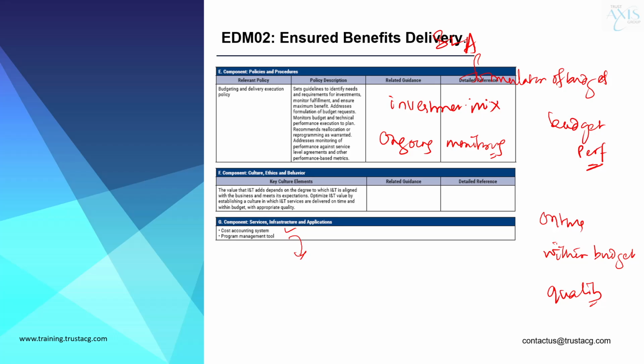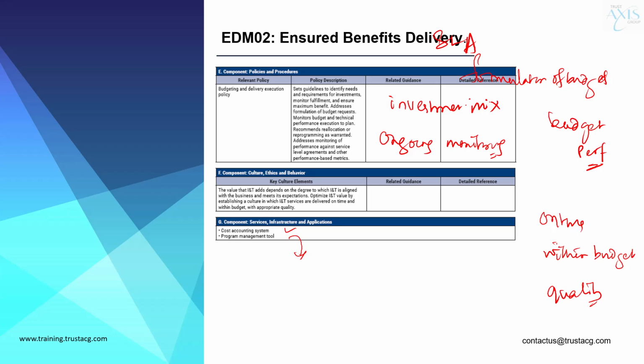So, they help link financial performance with the operational results, reinforcing transparency, supporting evidence based governance decisions that are key outcomes of this particular governance objective, which concerns ensured benefits delivery.